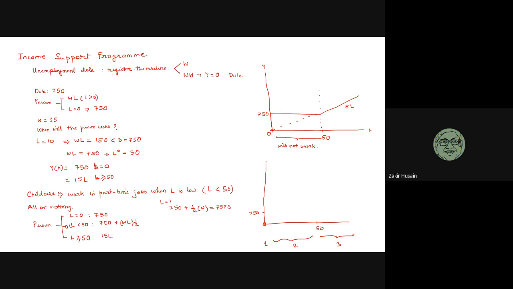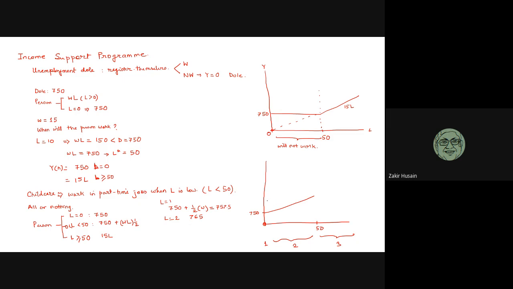If she works for 2 hours, it will be 765. So what happens is the line moves up like this. This is the second zone. She keeps the unemployment dole, but she has to forfeit 50% of what she earns.